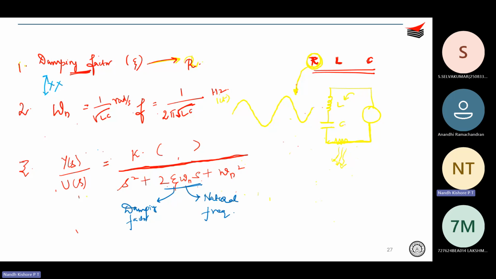This expression can also be rewritten. If I take omega n square common, I can write this as omega n square into 1 plus 2 epsilon by omega n into s plus s square by omega n square. Is this correct? Omega n square has been taken common.